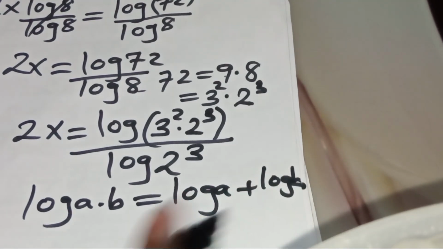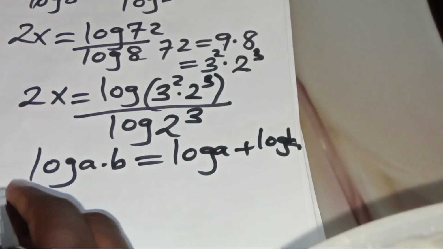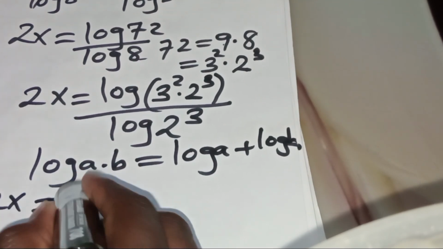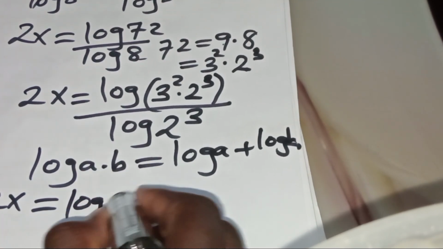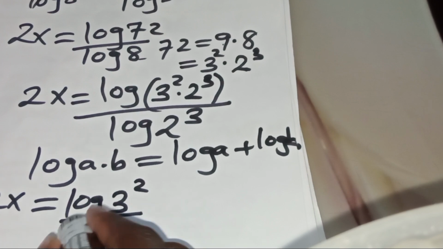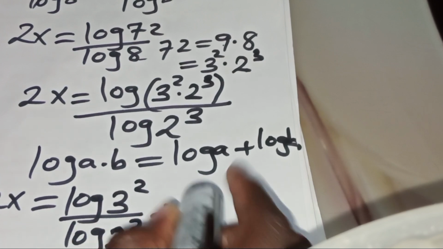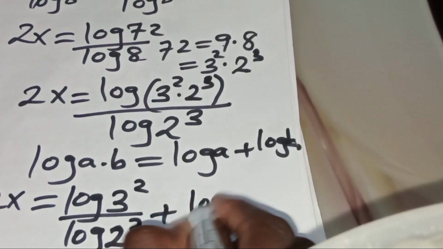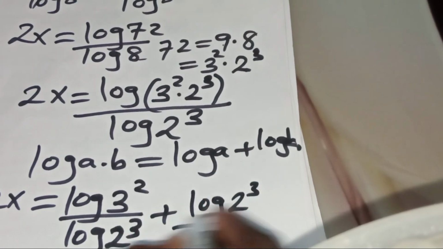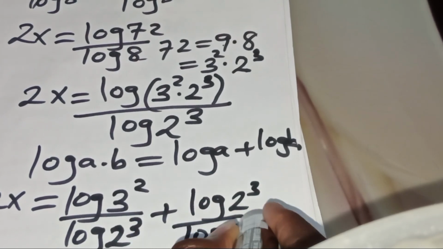Applying this property, we'll have 2x equal to log 3 to the power 2 divided by log 2 to the power 3, plus log 2 to the power 3 divided by log 2 to the power 3.